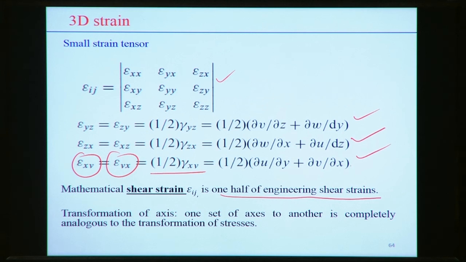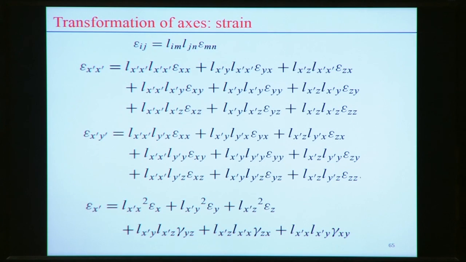Now transformation of the axis, what we did in the stress analysis part, is similar in this case as well. We can use a simple transformation formula like that: epsilon ij equal to l_im l_jn epsilon mn.